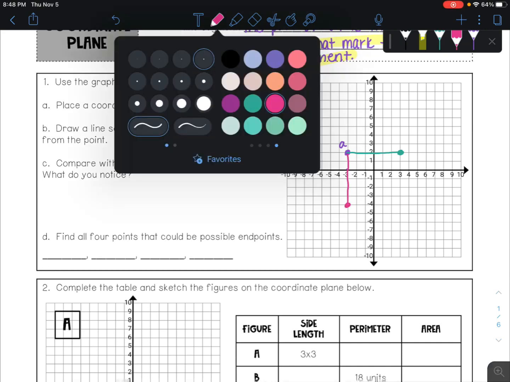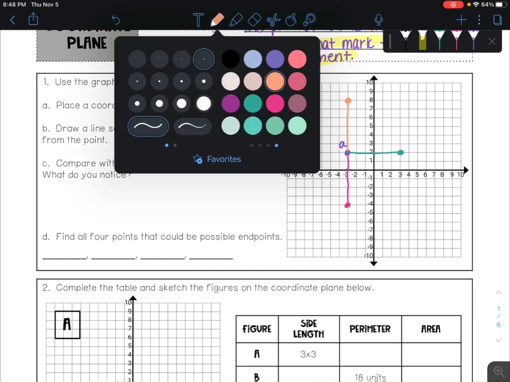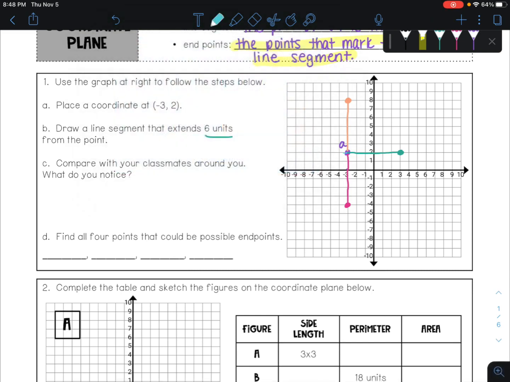I could go straight up, 1, 2, 3, 4, 5, 6. Or I could have gone to the left, 1, 2, 3, 4, 5, 6. So actually, I had 4 different options here.